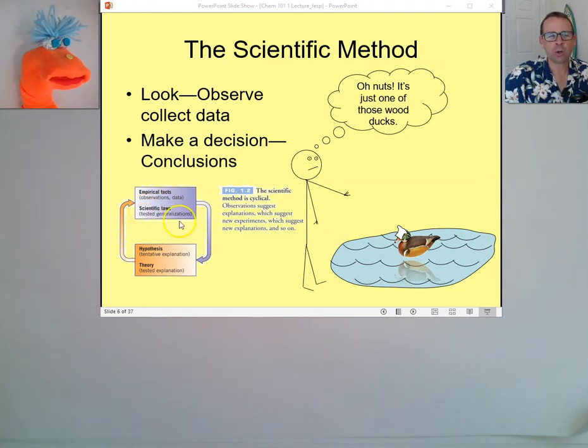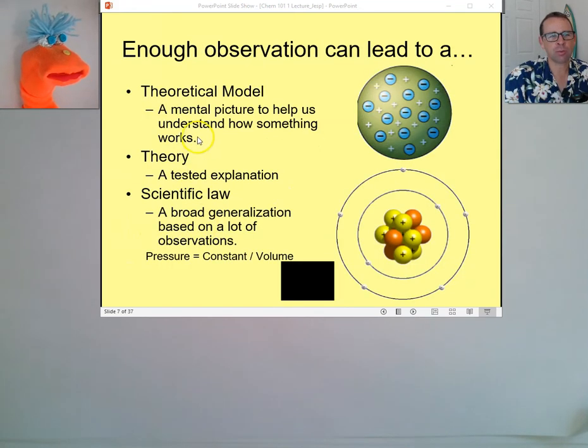As we go around this cycle, we get what we call models to help us understand something, things like the atom, which we have found a lot of great things coming from our understanding of. How to manipulate and control what's going on and understand nature.